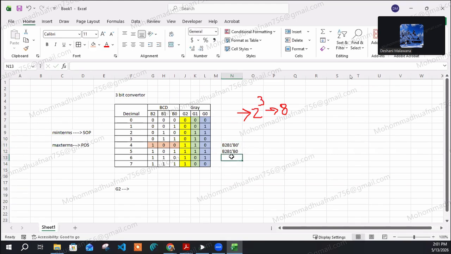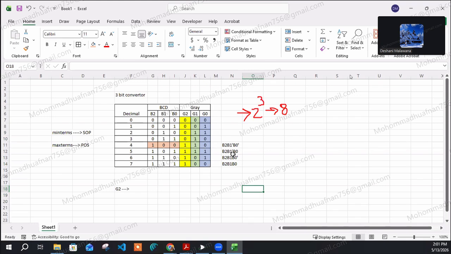Okay, now here B2, B1, B0 dash. Then here B2, B1, B0. Dash is not there. Check that one, is it correct or not? B2, B1 dash, B0 dash.